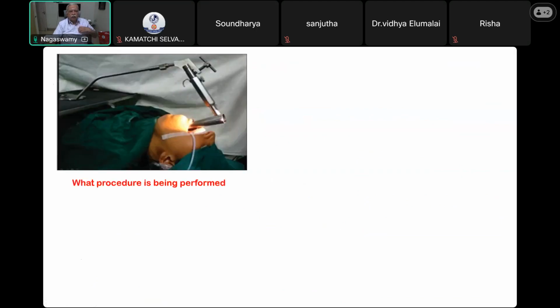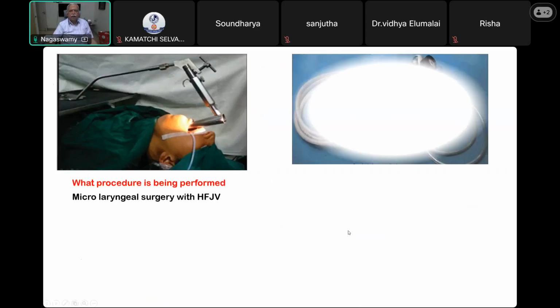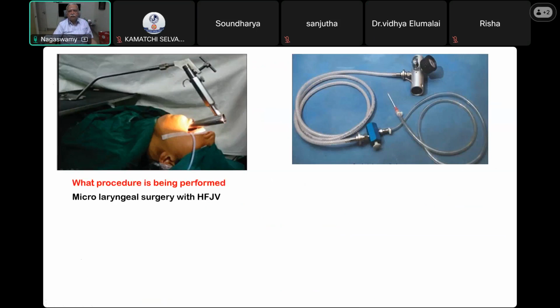Now, what is the procedure being performed here? Microlaryngeal surgery with high frequency jet ventilation, and this equipment is a manual jet, the Sanders jet ventilation.